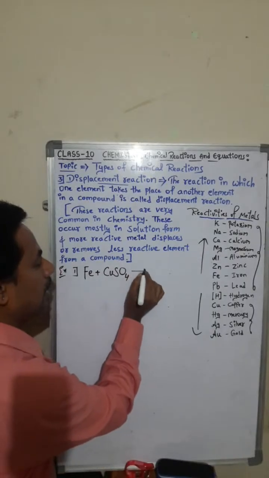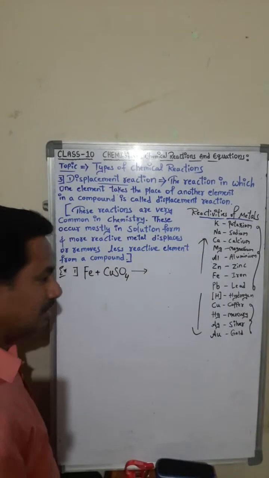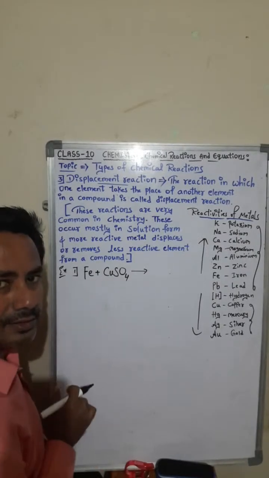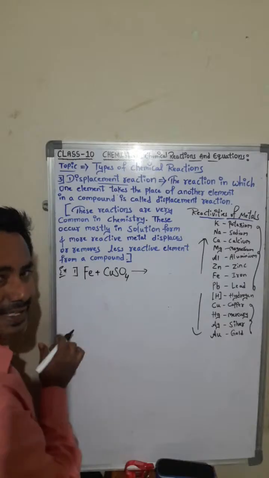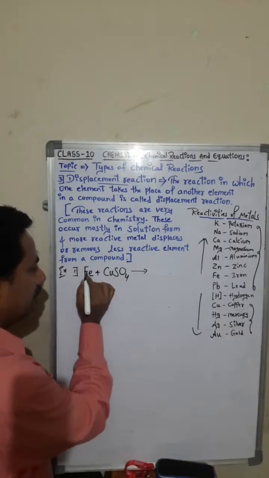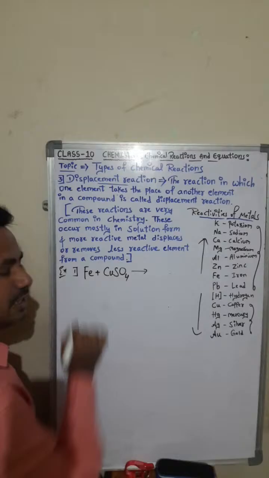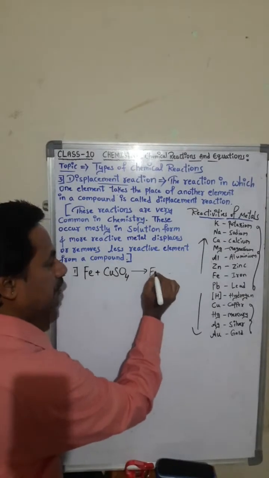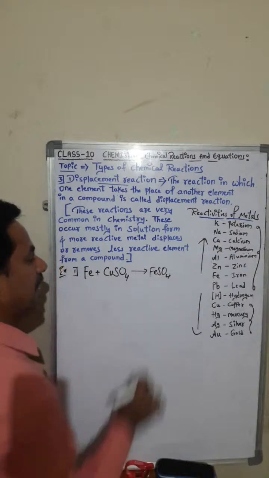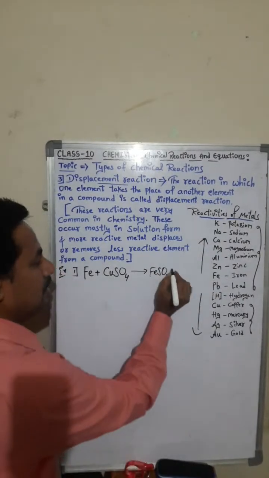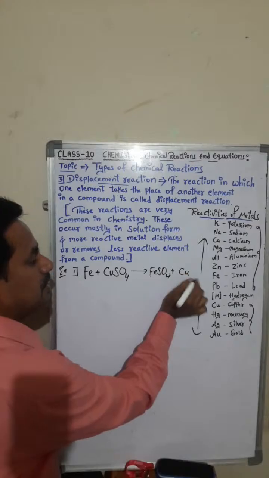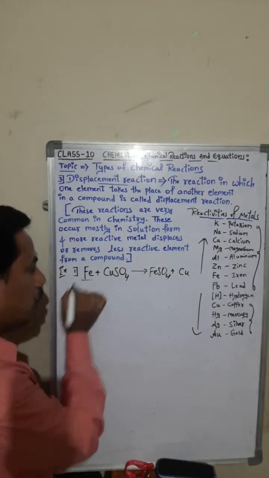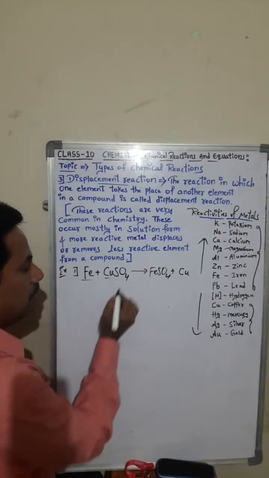What happens in the product? Can you tell? Like AB plus C, iron will displace copper. What will happen? FeSO4, ferrous sulfate will form, and copper is separated, students. So iron is more reactive than copper.